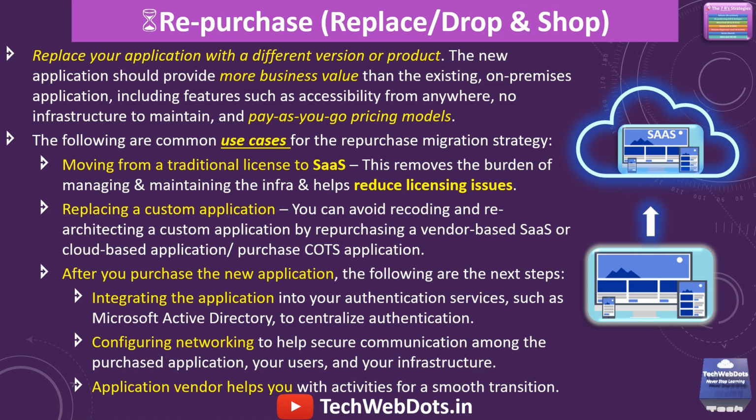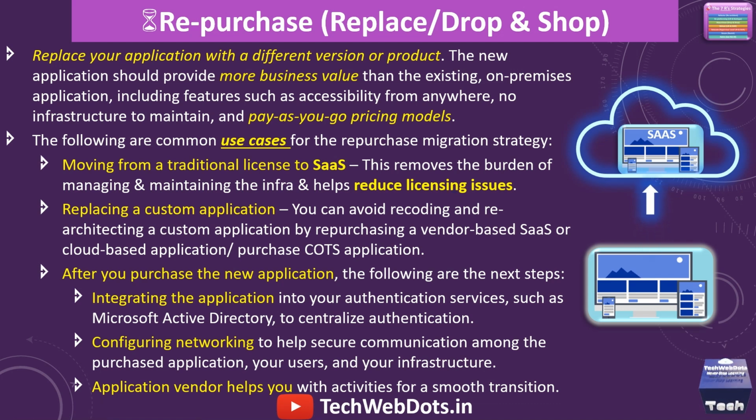So what are the use cases for this? Moving from a traditional license to SaaS. It means this removes the burden of managing and maintaining the infrastructure and helps in reducing licensing issues, because when you go to the cloud, the license cost is also included with the infrastructure.